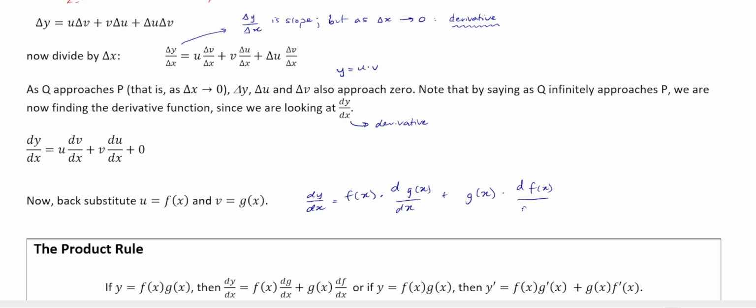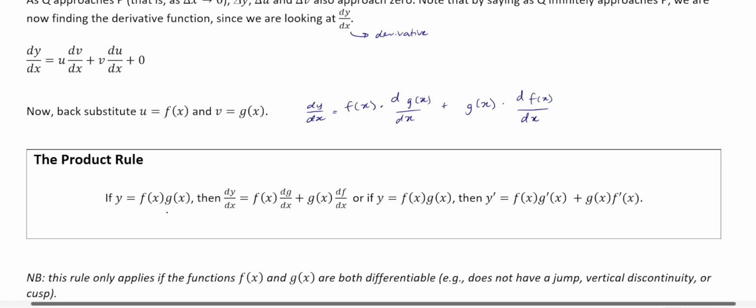Now that looks really complex, but it actually is pretty straightforward. If y is two functions multiplied together, then it's the first function times the derivative of the second, plus the second function times the derivative of the first.